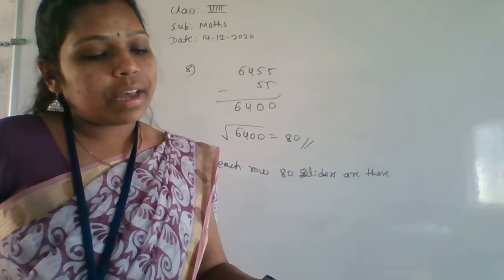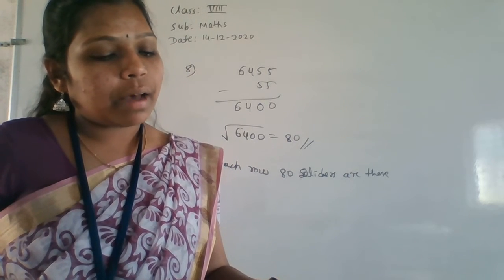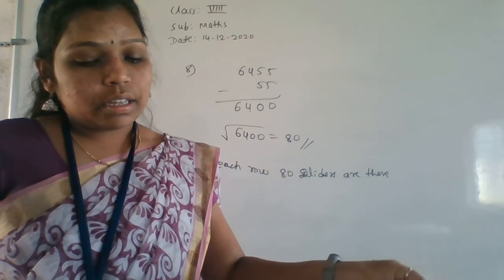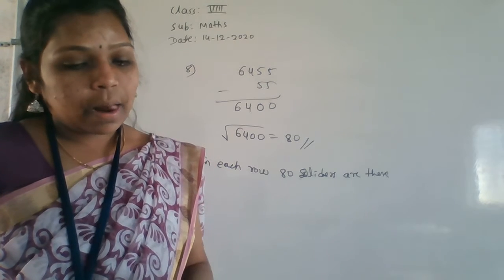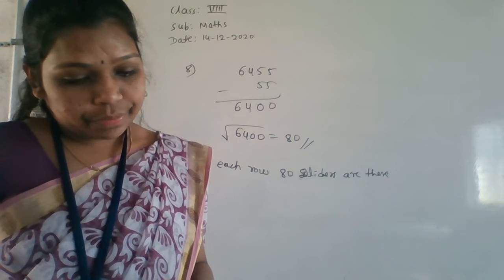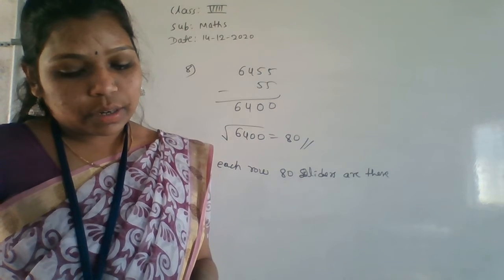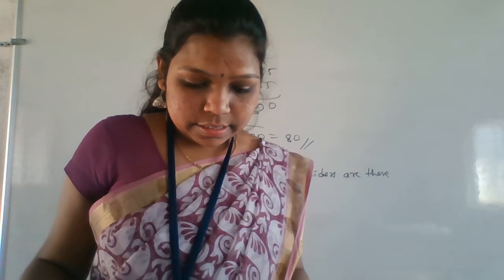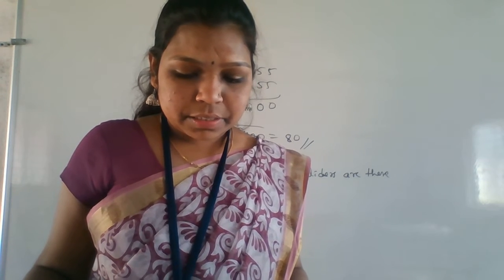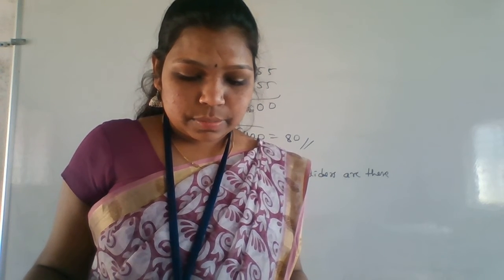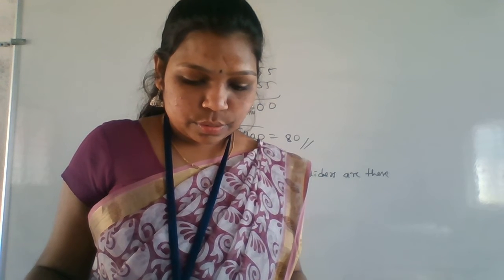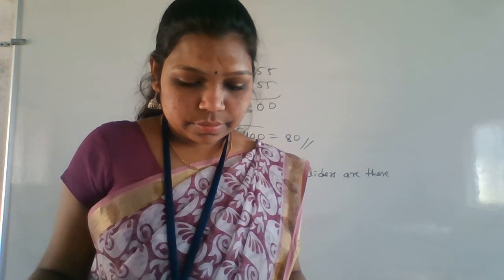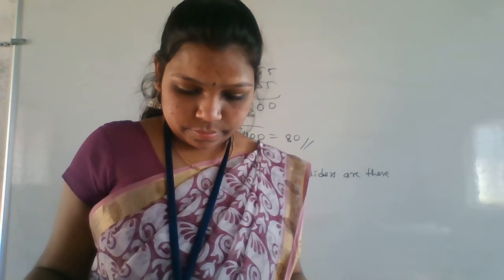Find the smallest square number which is exactly divisible by 8, 9, 10. The minimum square number divisible by these should always be divisible by their LCM only.